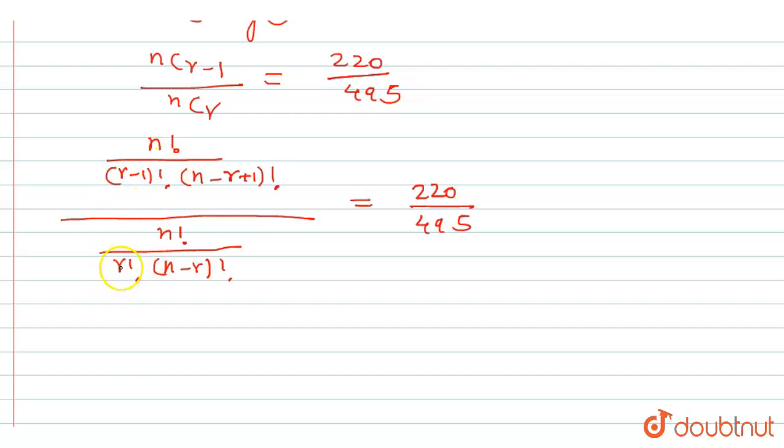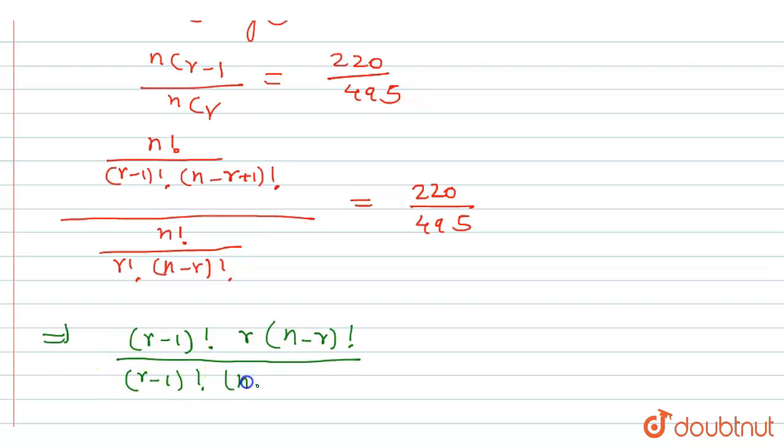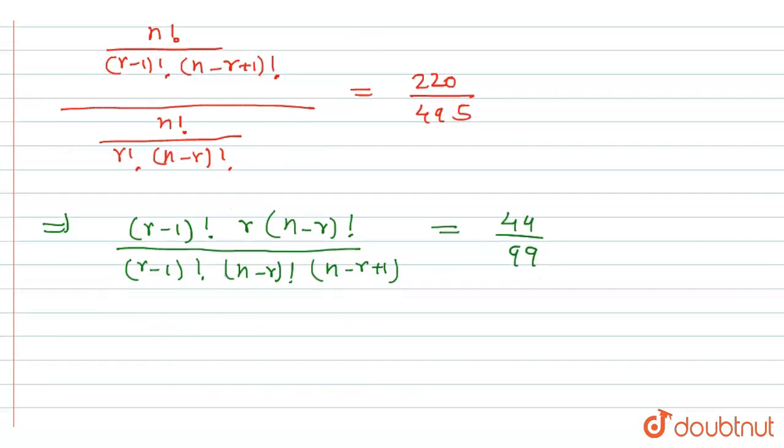So (r-1) factorial is cancelled, and the left term will be r upon (n-r+1). On simplification 220 upon 495 becomes 44 upon 99, so r upon (n-r+1) equals 4 upon 9.